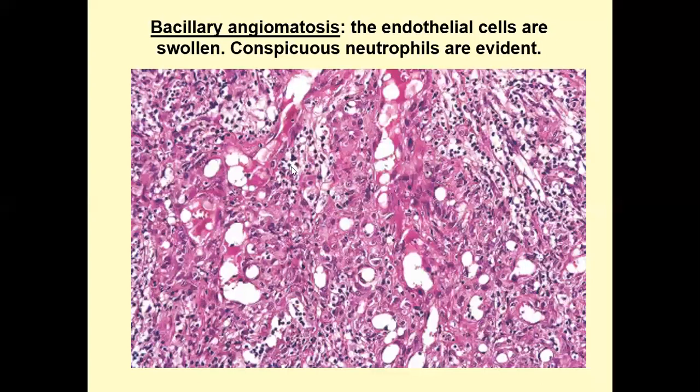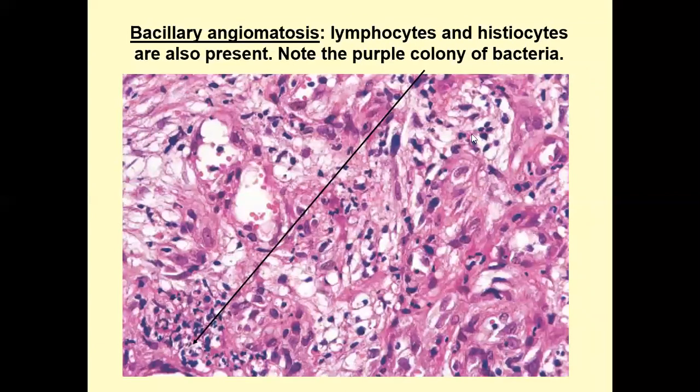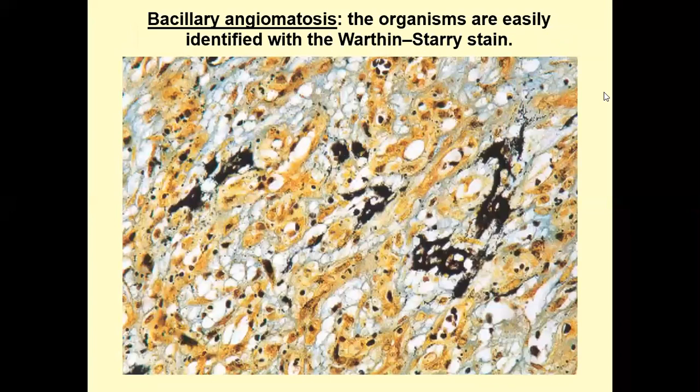And in addition, there will be endothelial swelling. This endothelial swelling is not a feature of pyogenic granuloma. And dense neutrophilic infiltrate, which may or may not be seen in PG. And in addition to that, you can appreciate the bacteria, which will be highlighted by Warthin-Starry stain. Warthin-Starry stain is a stain for spirochetes, and it would stain the spirochetes black.